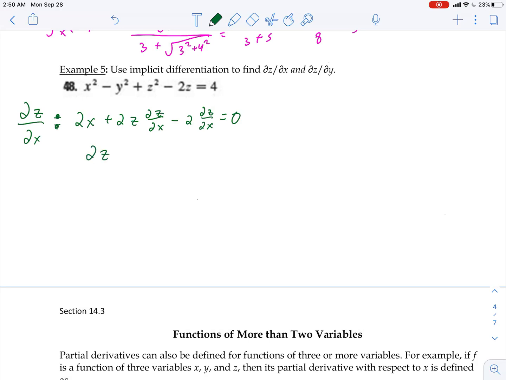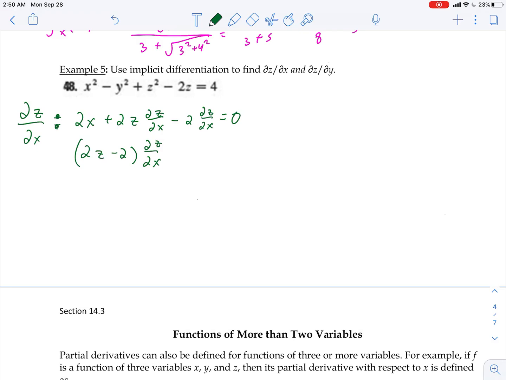I'm going to keep all my partial z's on the left side, so I'm going to have 2z minus 2, and I'll write that as an actual 2z. It's very easy to mix up your partials and your 2's.